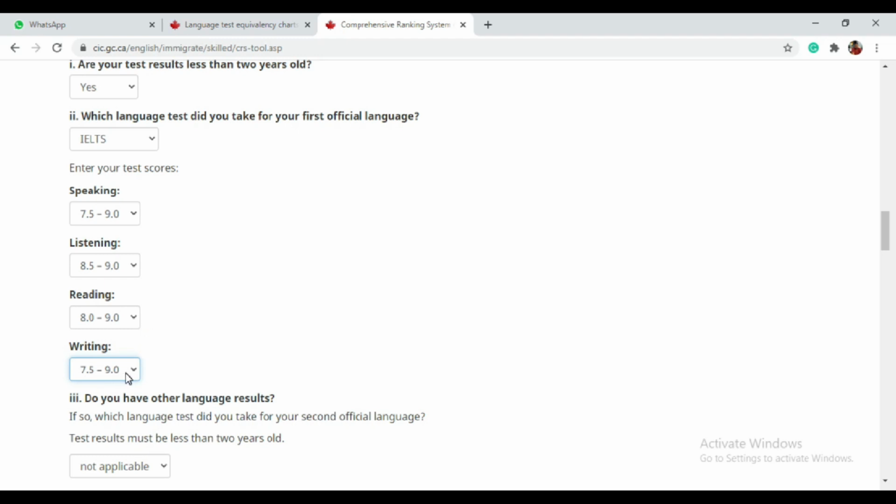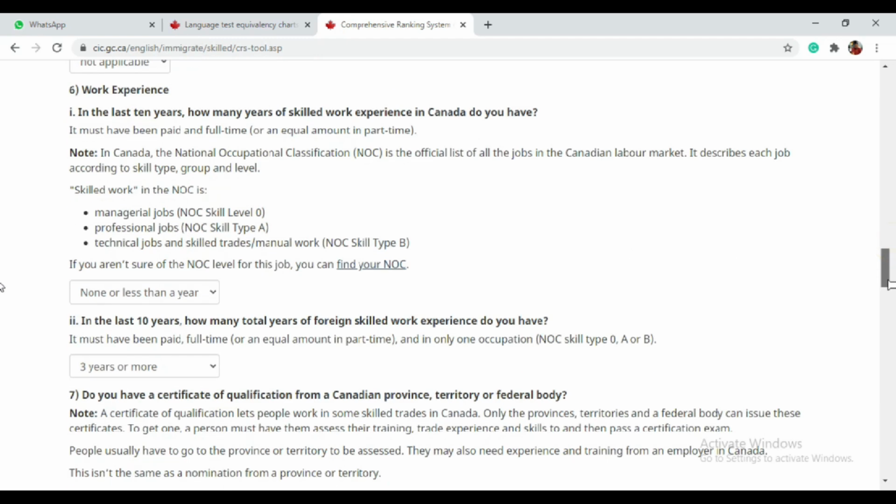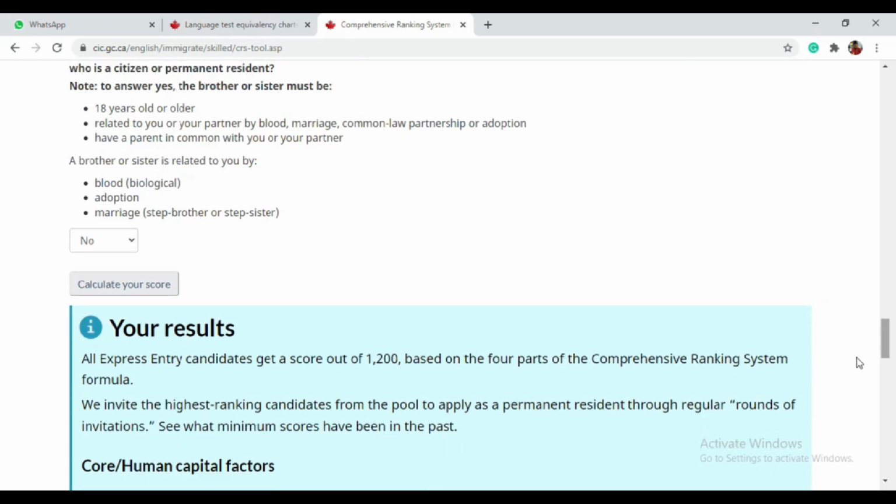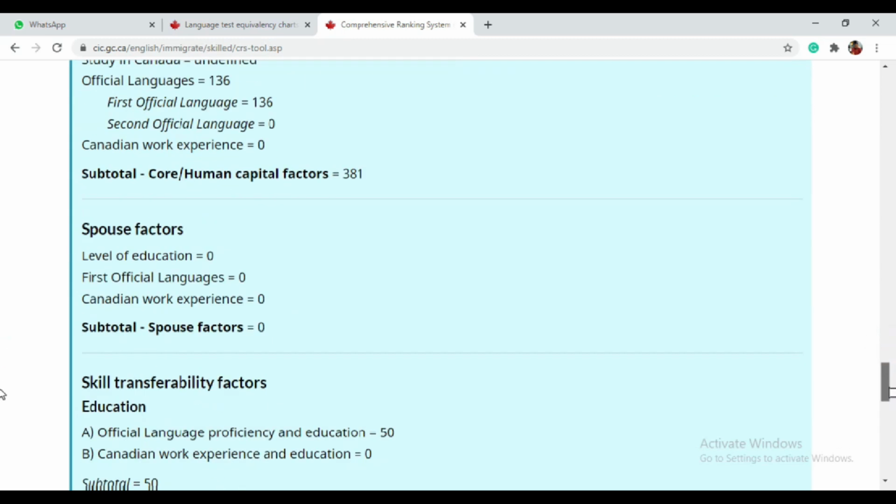Writing maxes out at 7.5 and speaking also maxes out at 7.5, whereas reading is more demanding than speaking and writing. In the reading module you will need to score 8 bands for securing CLB 10, and listening is again 8.5.